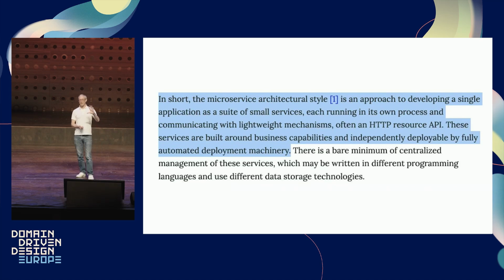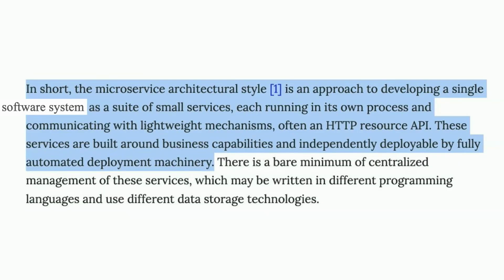I like this. I'm going to use this definition, but I'm going to change one word because I want to bring this into C4 land. The word I'm going to change is application. So I'm going to say that the microservice architecture style is an approach to developing a single C4 software system as a collection of small services, each running its own process.